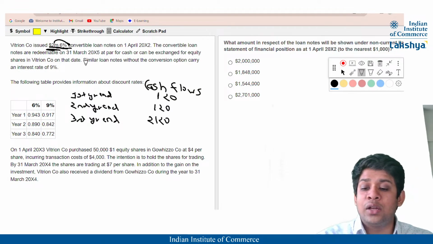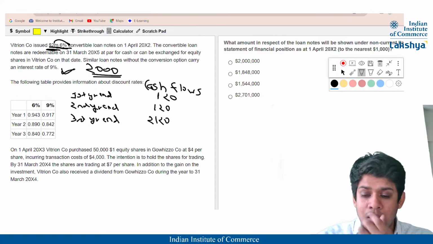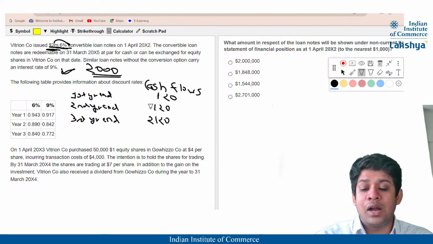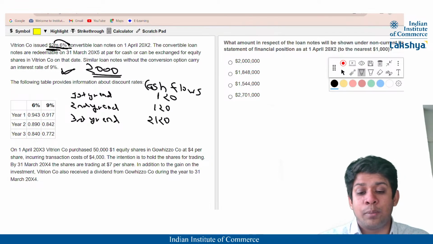Right? Total value that I've received today is 2000. That is 2 million, correct? Because I issued them at par, I've received 2000 today. Now, what are the total cash flows? 120, 120 and 2120. These are all the amounts that I'm supposed to pay related to the financial liability component.